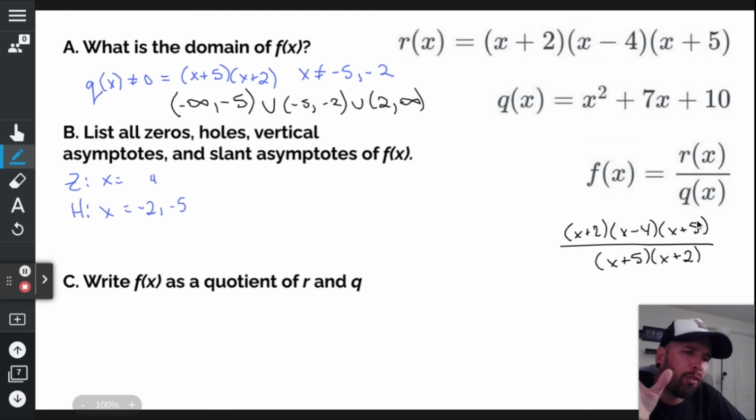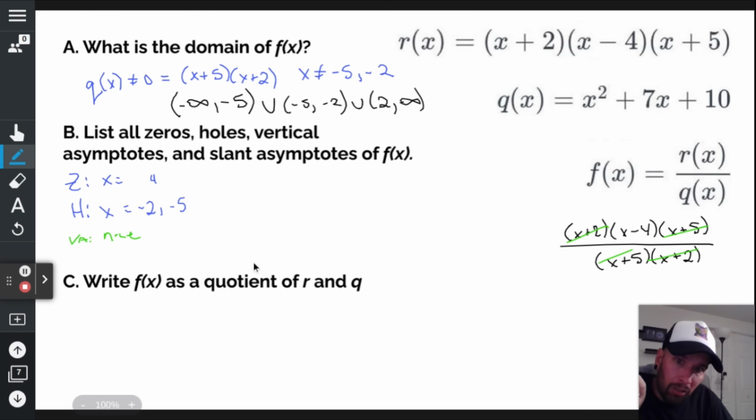Well, the fact that x plus 5 is repeated and x plus 2 is repeated insinuates that these are gone. So what's my vertical asymptote? I don't have any. Kind of weird. It starts with a D. It's going to bother me. Distinct. So since these are not distinct, they're indistinct and they're gone, I have no vertical asymptotes. Now, I'm still not allowed to plug in negative 5 and negative 2, but I have no vertical asymptotes.